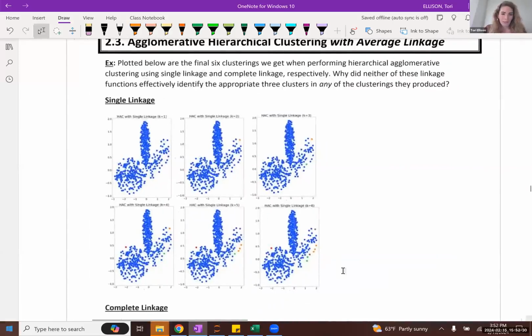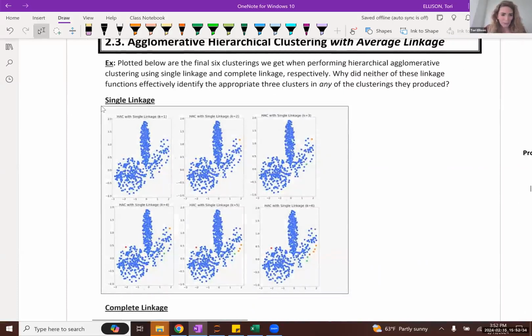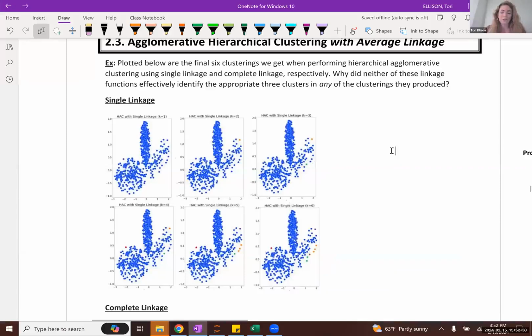So for instance, we have this data set here, and we've represented here the final 5 clusterings of the hierarchical agglomerative clustering algorithm using single linkage, color-coded.